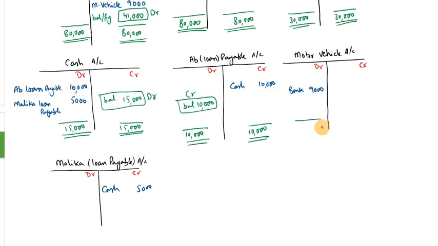Now close the motor vehicle account. So the balance is 9,000. This balance is called a debit balance because the debit side is heavier.